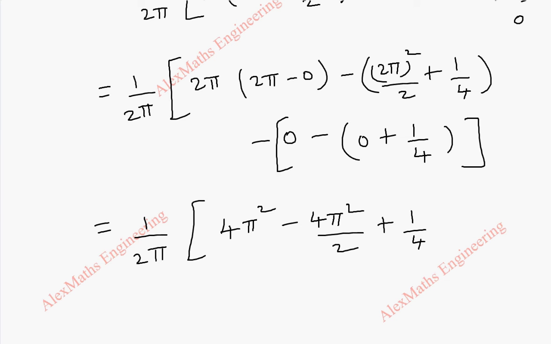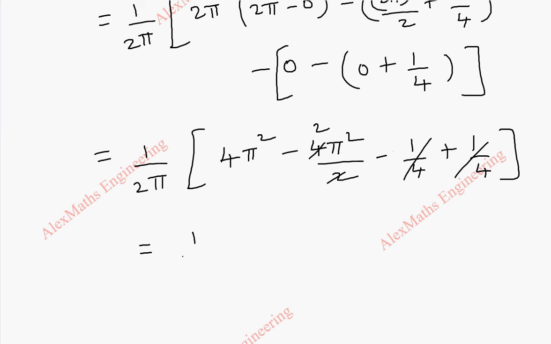Again, there is a minus sign, so we have to take it as minus directly without the bracket, and this is plus 1 by 4. So we can cancel these two, and after subtraction we get 1 by 2 pi into 2 pi square. 2 gets cancelled, pi and square get cancelled, remaining is pi.